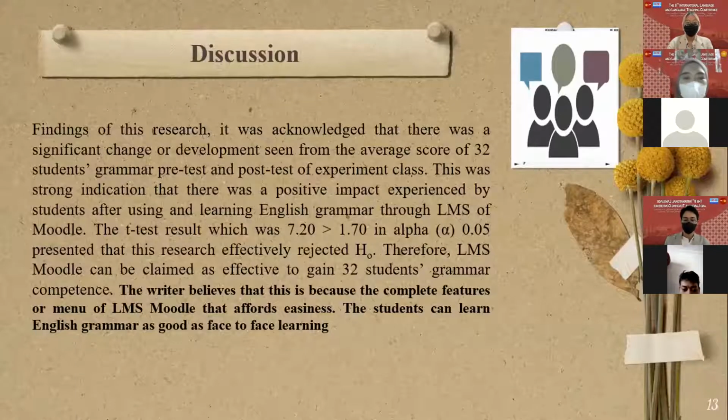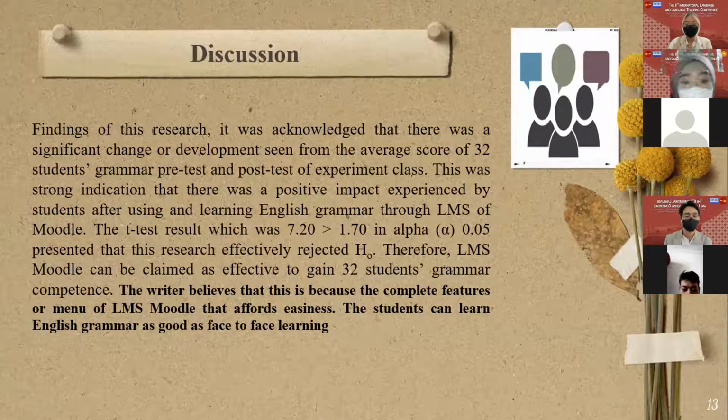Okay, these are the discussion and findings of the research. It was acknowledged that there was a significant change or development seen from the average score of 32 students. I take one class of 32 students, with a grammar pre-test and post-test.